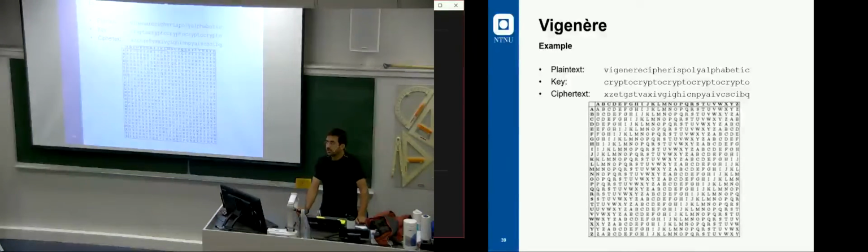Then for this ciphertext, this was the key, and we will have ciphertext like this, because we already used this table. Instead of using only one alphabet, we are now using multiple alphabets.